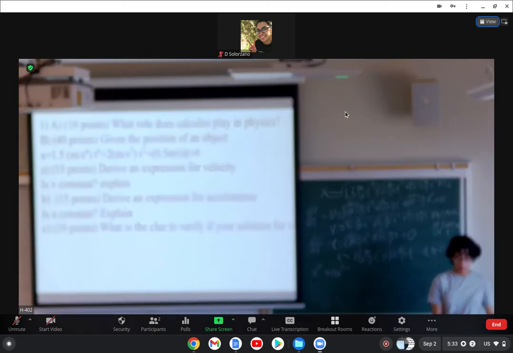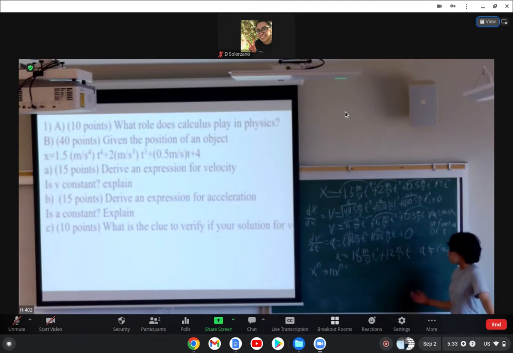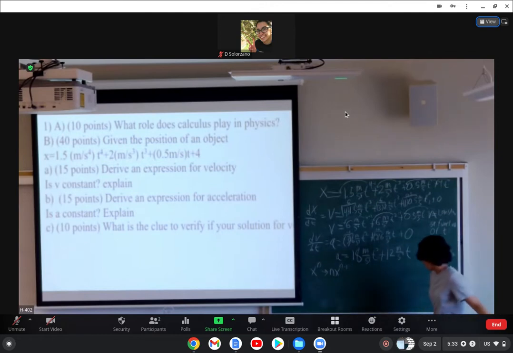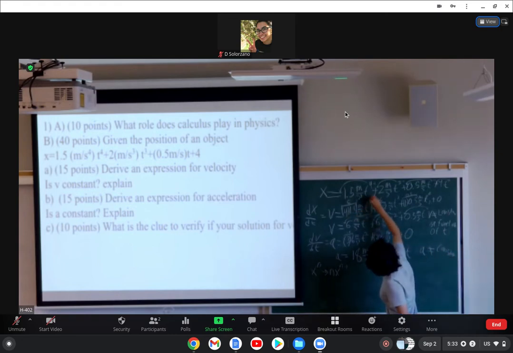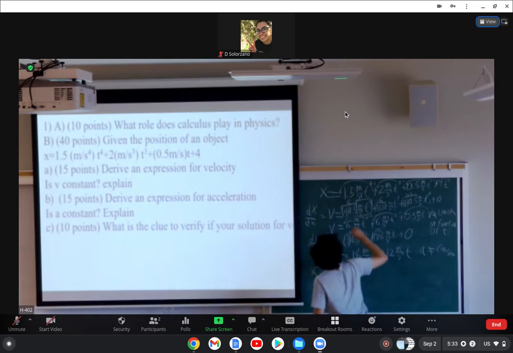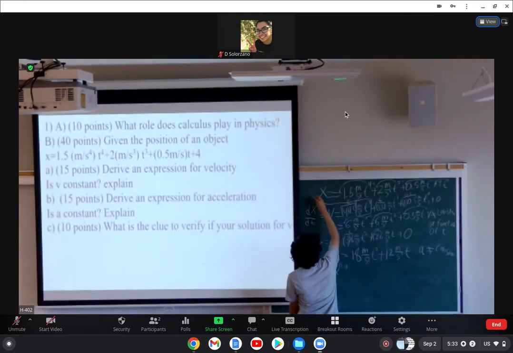And then include or verify your solutions, or do a unit check, right? Let me just take an example. For this part here, meters over seconds to the fourth times seconds cubed. The seconds are going to cancel out, leaving 4 minus 3 goes to 1.